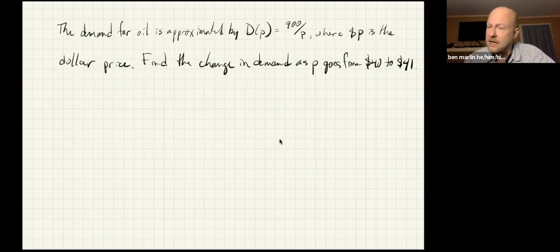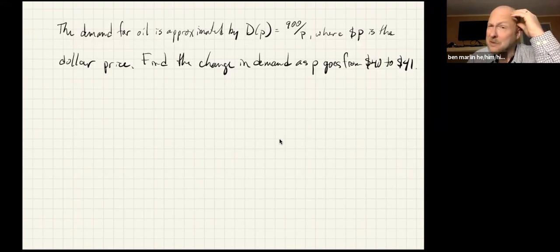All right, so let's take a look at another example here, and this one has a demand function for oil. I made mention of this previously, that when you talk about demand functions, they need to be something that's decreasing. And generally, we usually use something linear because it's easy to work with, but they just need to be decreasing.